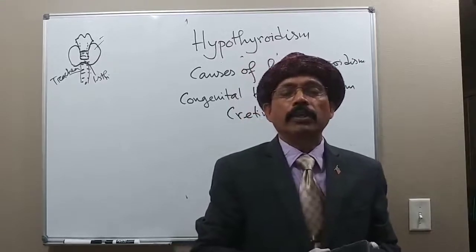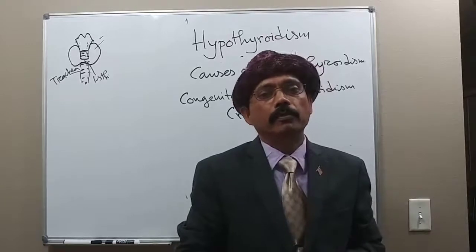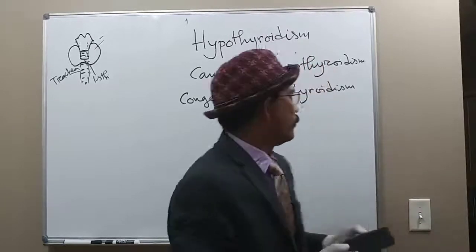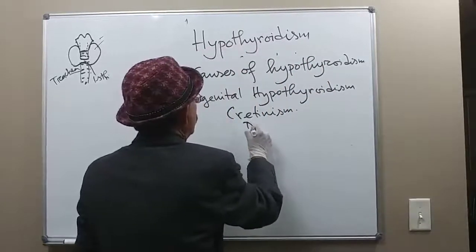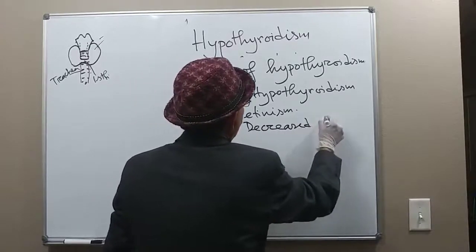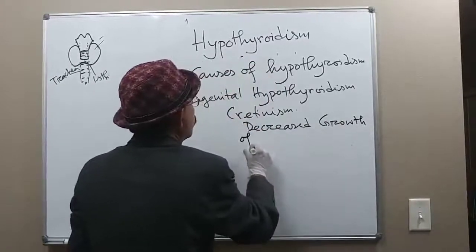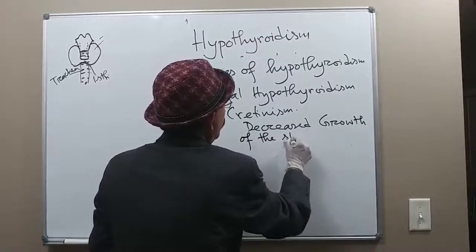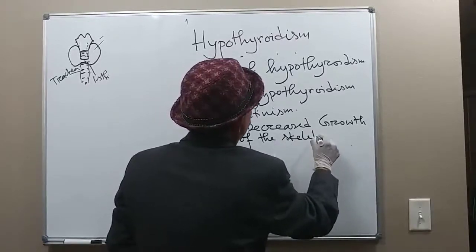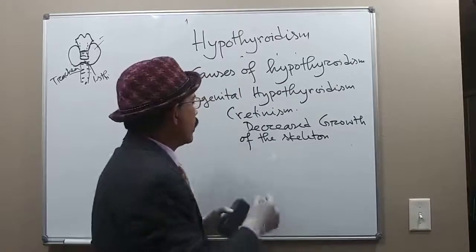So in the initial few weeks there may not be any problem. Then the milestones of development will be retarded. So there will be decreased growth of the skeleton, but the soft tissue growth will be marked.